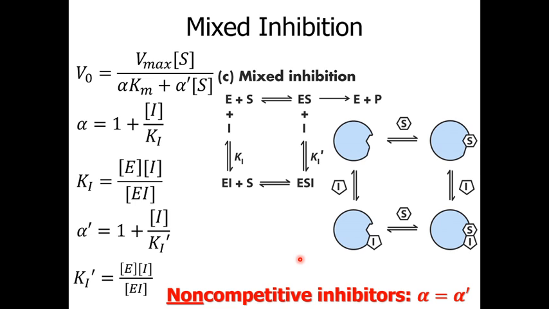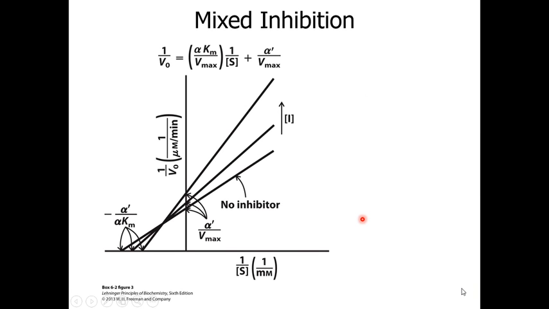Non-competitive inhibitors are those that have alpha equal to alpha prime, and as I said, this is a special case of mixed inhibition. In case of a mixed inhibition, the Lineweaver-Burk plot, or the reciprocal plot, looks like this. And there is an intersection, but the intersection is on the left-hand side of the y-axis.